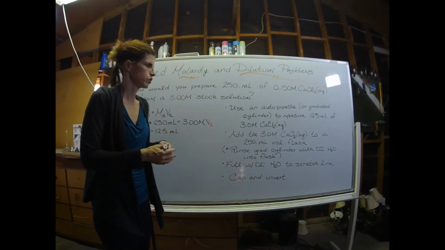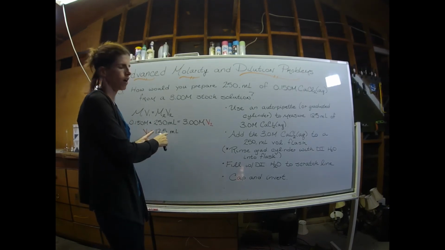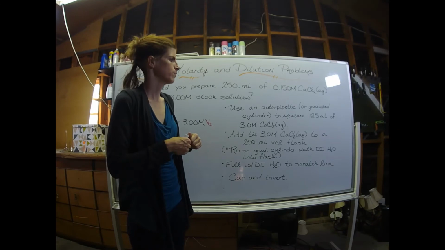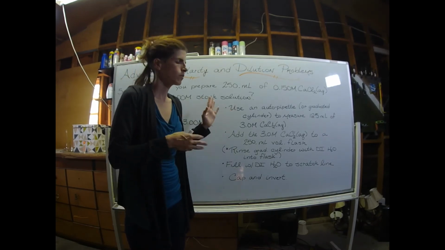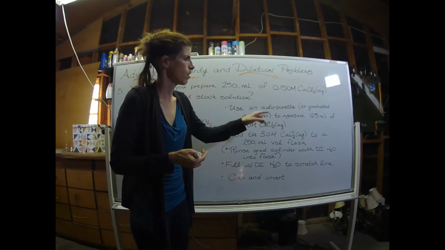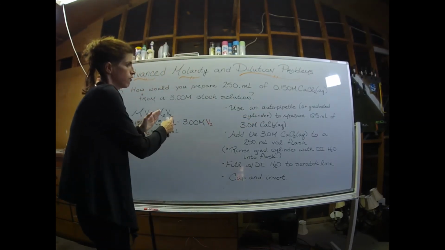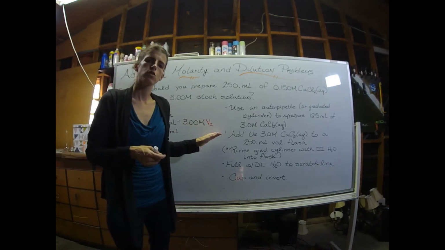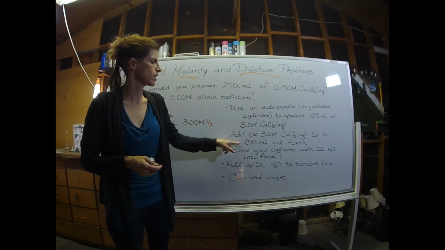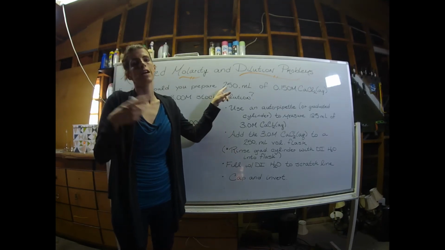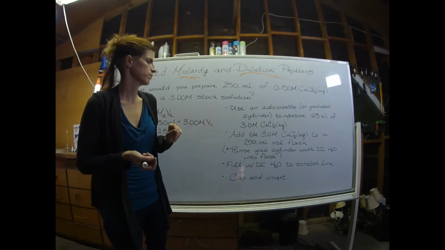There's other tools, but at this small volume, I'm going to hope that my lab has an autopipette. But again, a graduated cylinder will work too. And we're going to use that to measure out 12.5 mLs of the stock solution. We're going to add the stock solution to a 250 milliliter volumetric flask because that's how much of the diluted solution we desire.